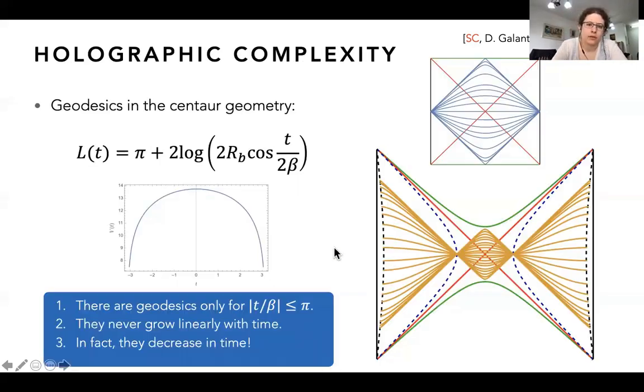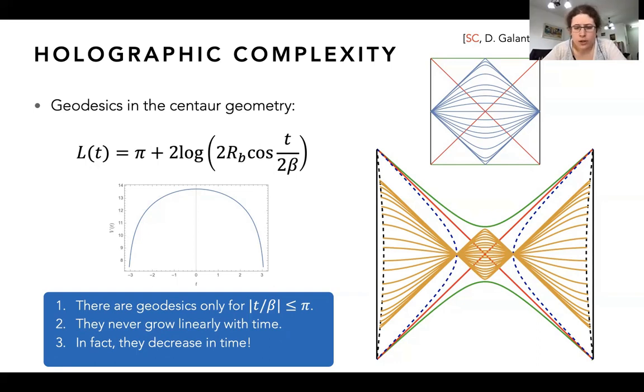Just to emphasize that, this can be taken in many ways. It's definitely showing that these theories have a very different behavior than the one seen in the usual AdS black hole case in 2 dimensions.